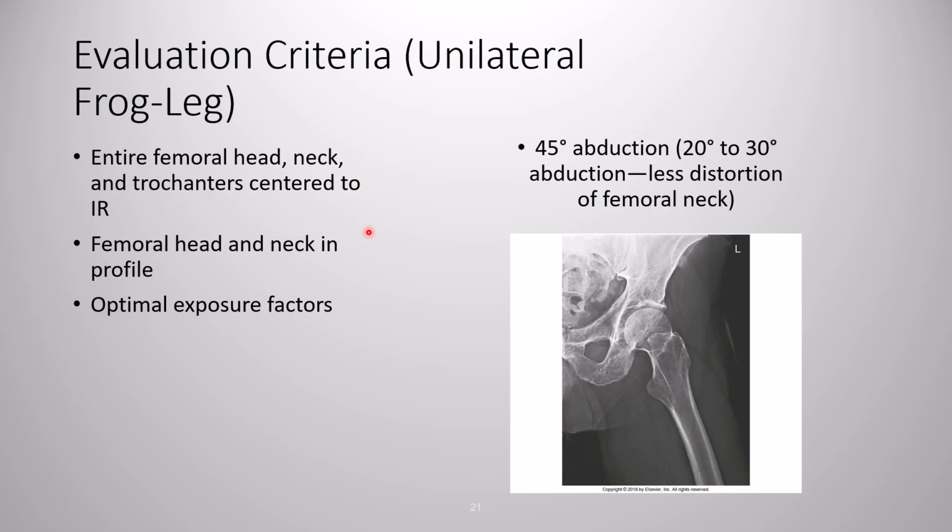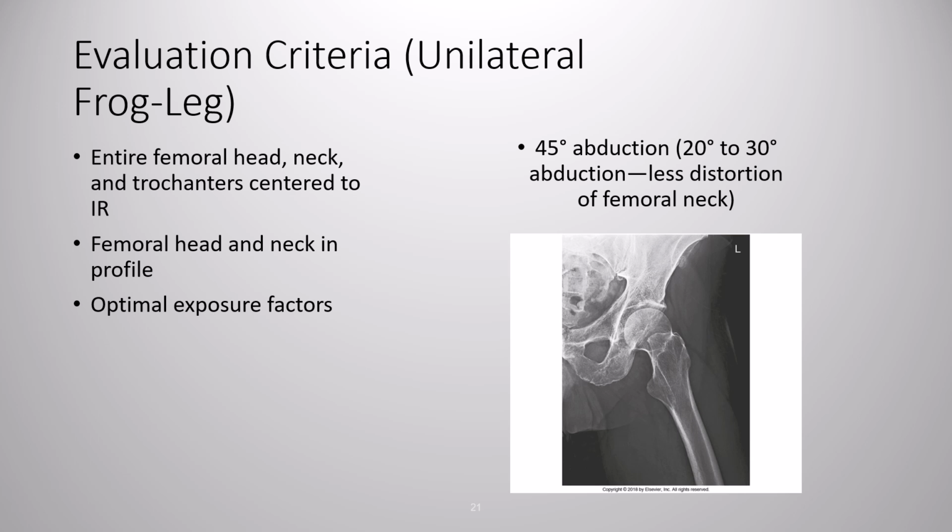When this is done correctly, you should visualize the entire femoral head, neck, and trochanters centered to the IR. The femoral head and neck should be in profile, and this is 45-degree abduction. If you wanted to not distort the femoral neck as much, you would only go 20 to 30 degrees.